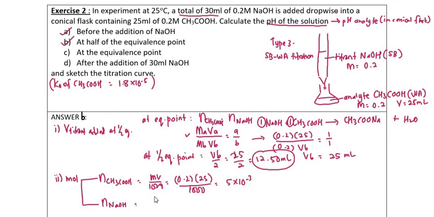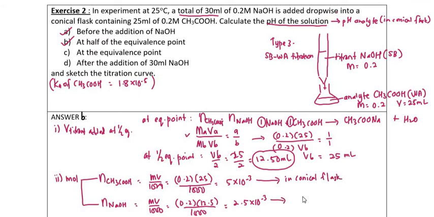How about mole base here? MV over 1000. Okay, volume di sini adalah volume at half equivalent. Berapa? Yang ini kita cari. Okay, 12.5 over 1000 become 2.5 exponent negative 3. This is mole in conical flask.